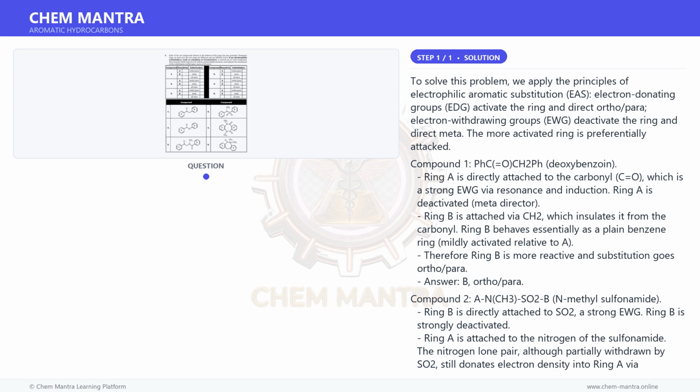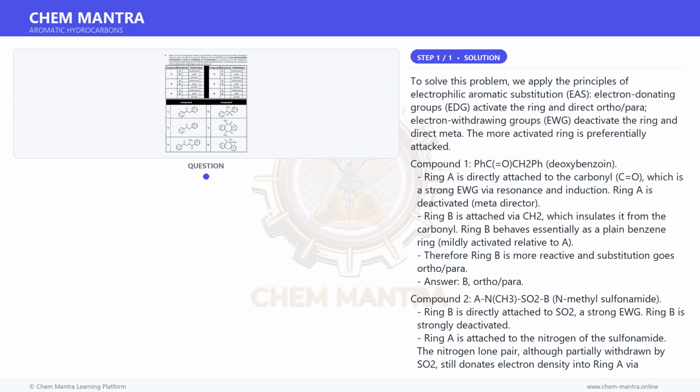The gem-dimethyl quaternary carbon is slightly EDG. Alkyl groups are weakly electron donating. Ring B experiences no direct EWG effect. Ring B is more electron-rich and thus more reactive toward electrophiles, with ortho-para direction relative to the ring junction. Answer: B, ortho-para.